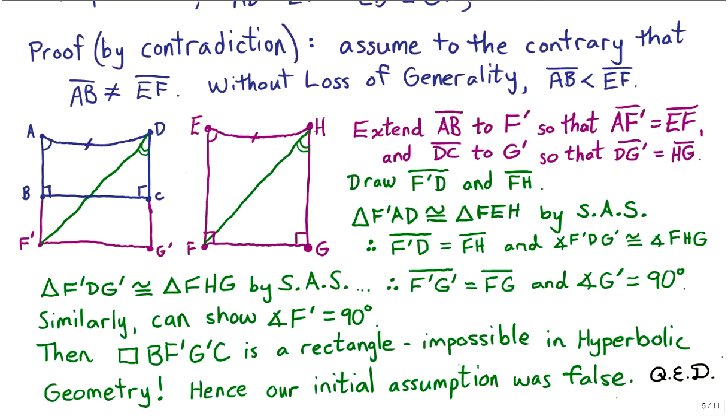That means our initial assumption that the lengths of AB and EF were unequal must be incorrect. The lengths AB and EF are in fact equal. From this, it's straightforward to prove that BC and FG also have equal lengths, so the two secarials are in fact congruent, which was what we wanted to show.